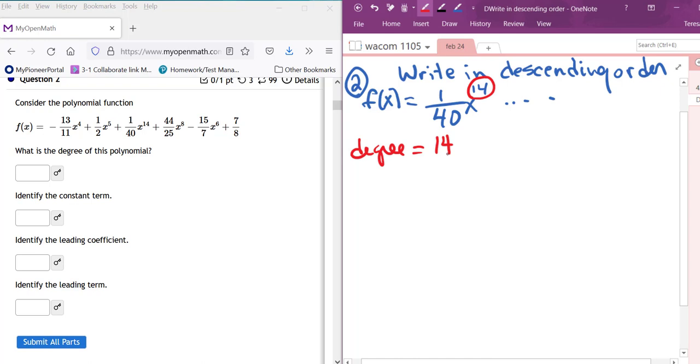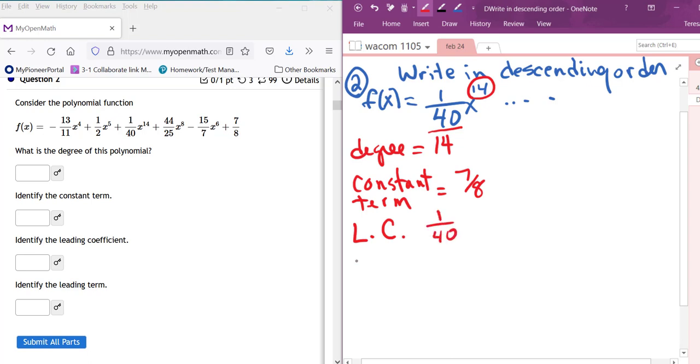The constant term is the one without a variable with it, so it's going to be 7/8.